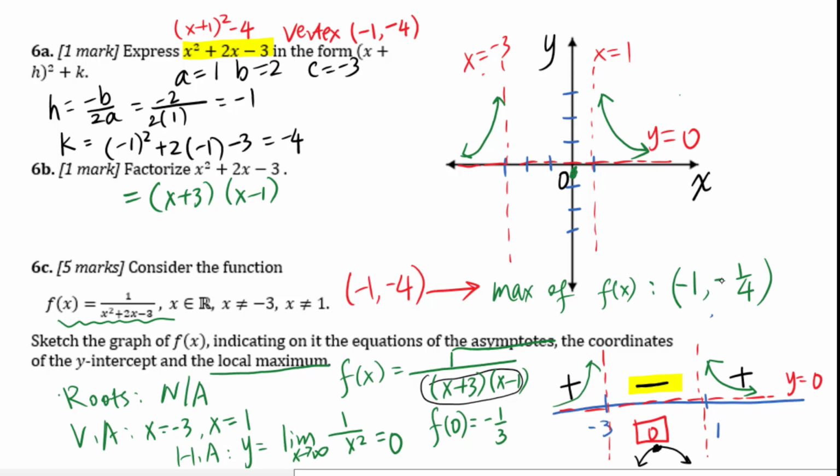And (negative 1, negative 1 over 4) will be here. Let's sketch the graph.